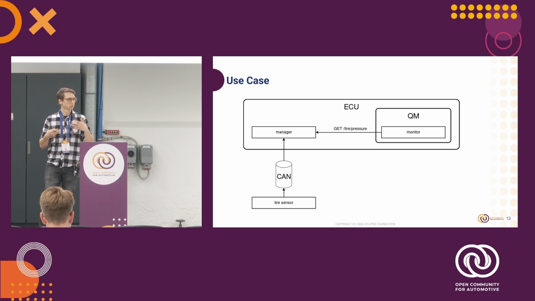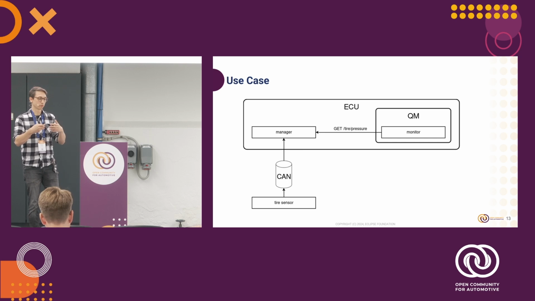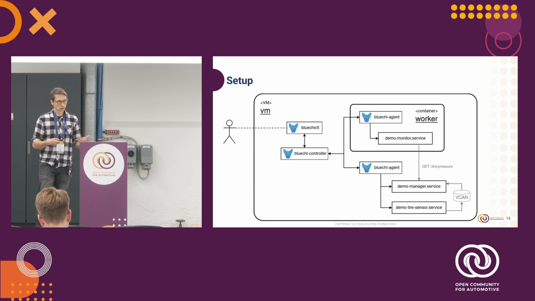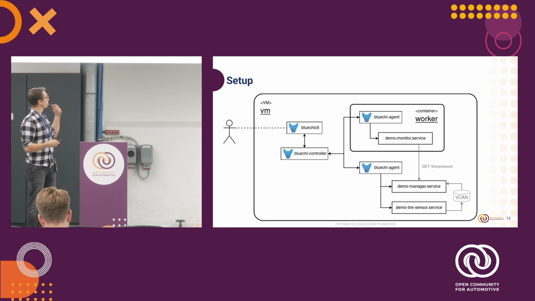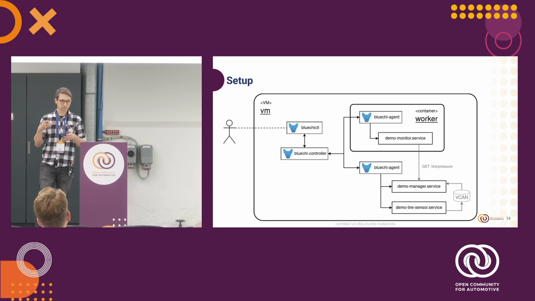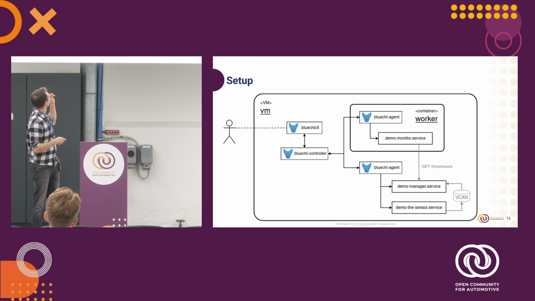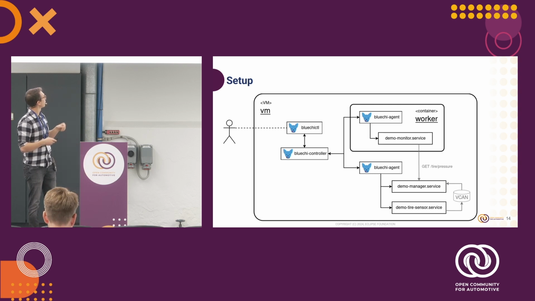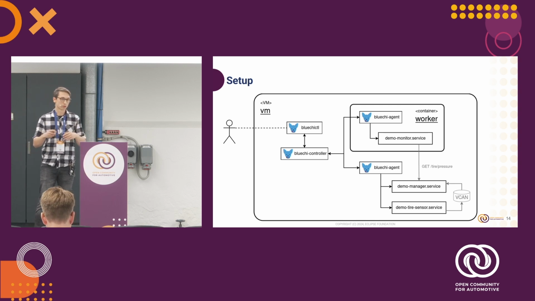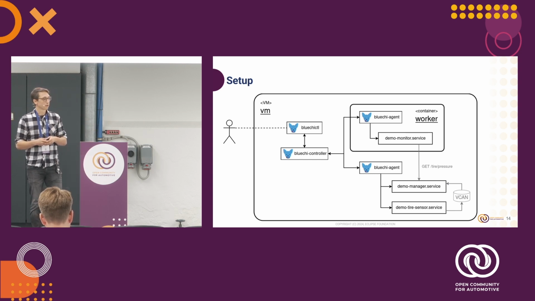And well, now let's try to map this to something we can develop on. The ECU is going to be a virtual machine. You can take any image you want. And the larger and underlined name is basically the node name. So the virtual machine is called VM. And here we install the BlueChi CTL.